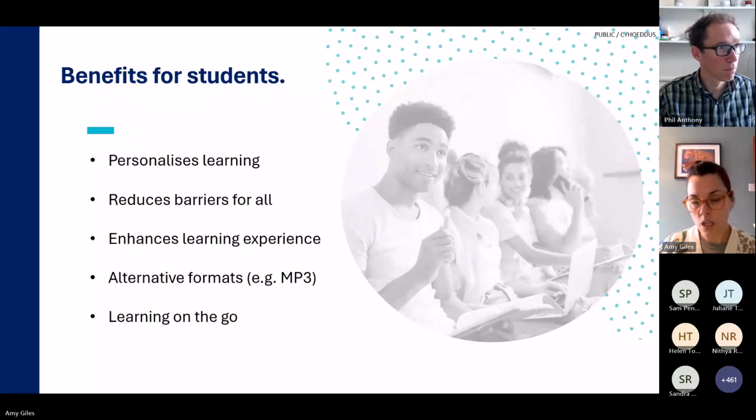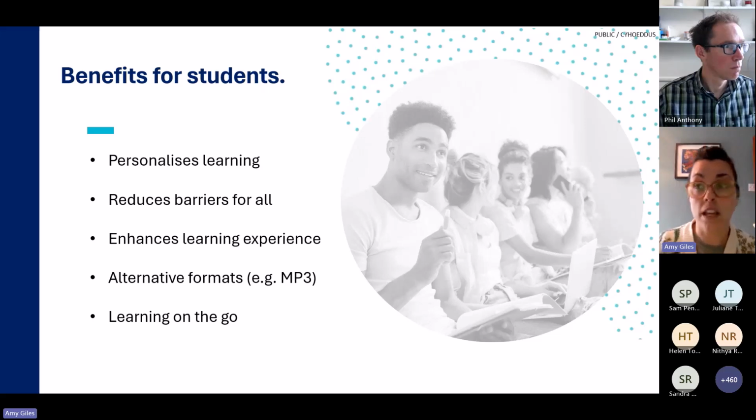We know that a lot of students are working, they might have family commitments, and therefore they don't have time to log in, they don't have the resources, they don't have the correct device. We know that digital poverty is a thing. Students are trying to study on their mobile phones. So what can we do to help them?